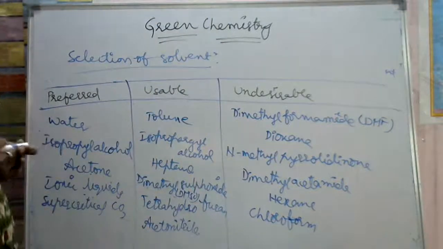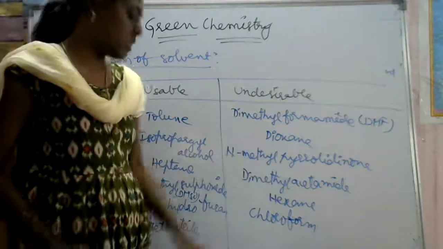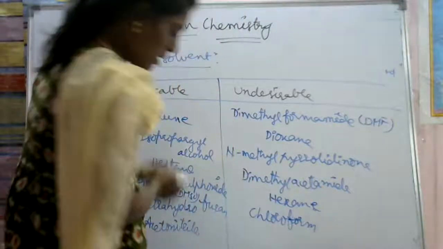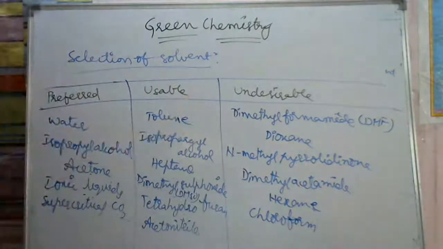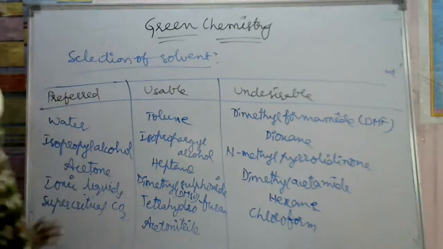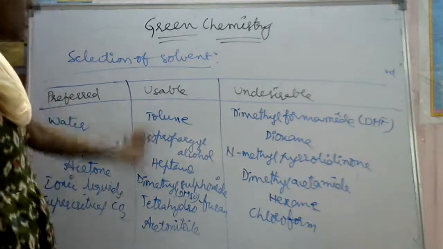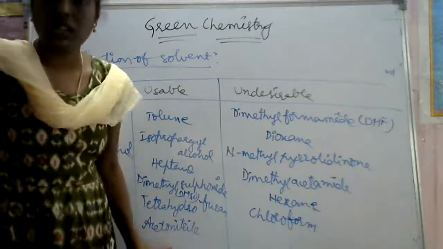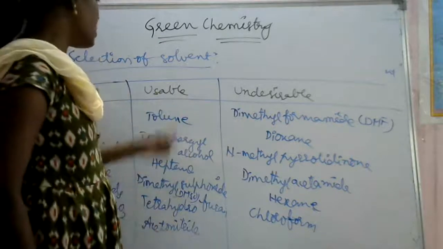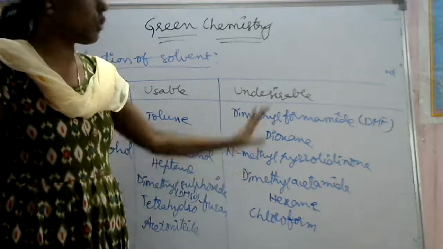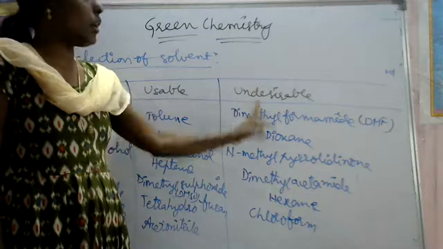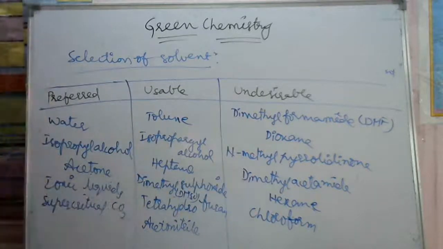So it is better to avoid all of these. We can use those without any doubt, but these others are somewhat harmful, so they are said to be usable ones, and we had better avoid these solvents.